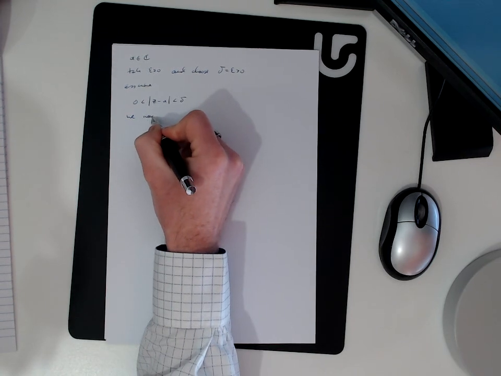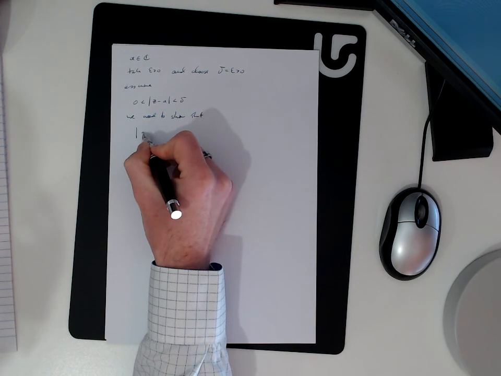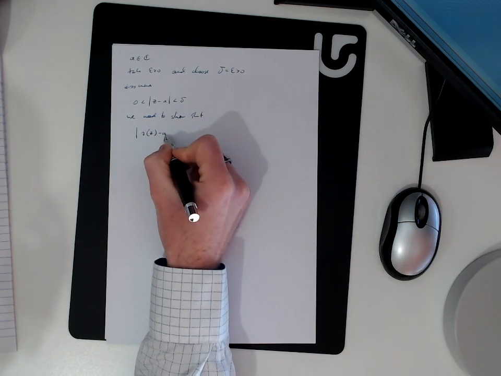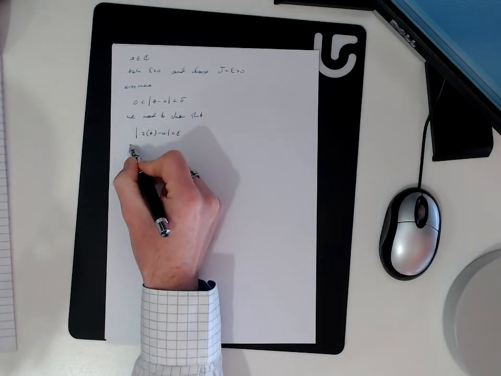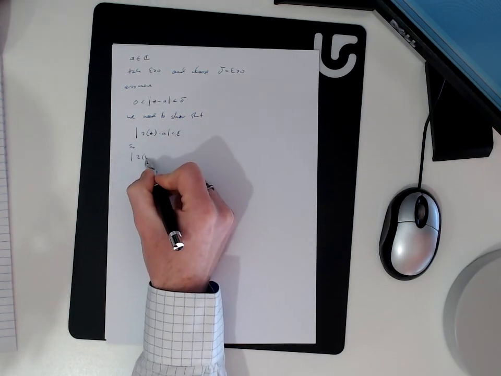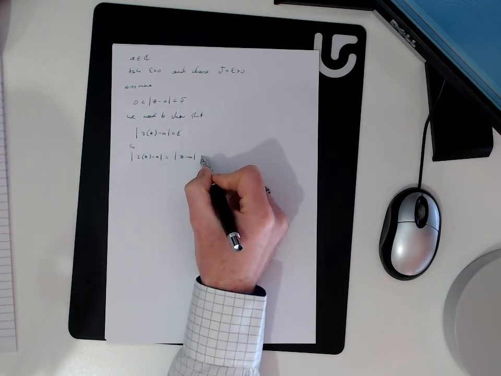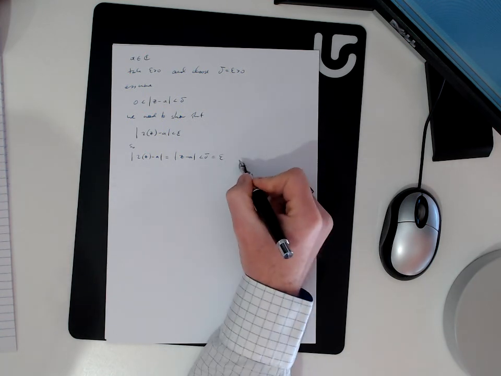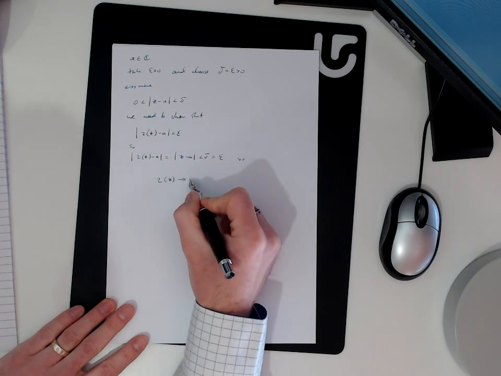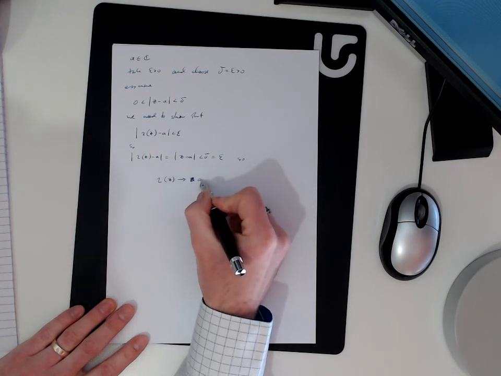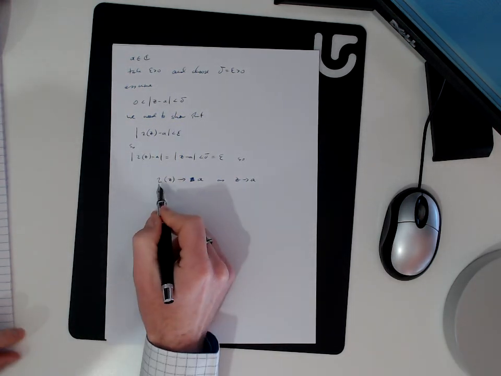So we need to show that iota of z minus a is less than epsilon. Iota of z minus a is equal to z minus a, which we know is less than delta, which is equal to epsilon. So we know that iota of z converges to a as z converges to a. Great.